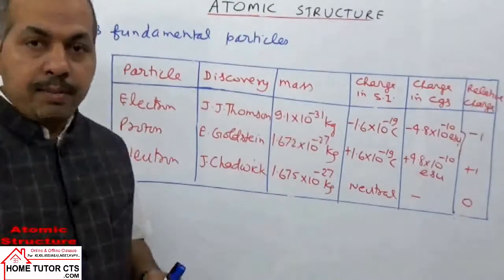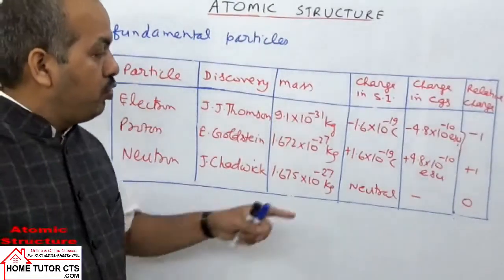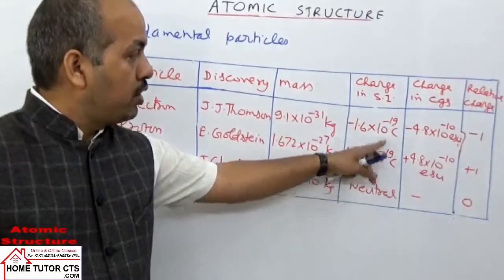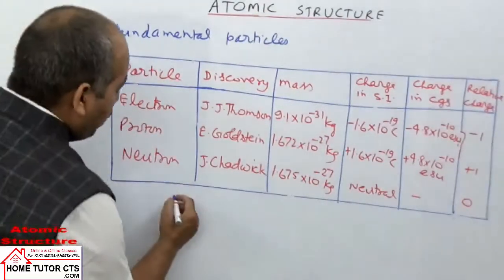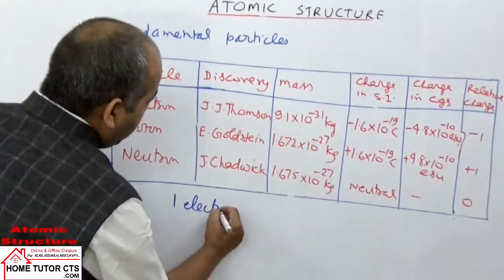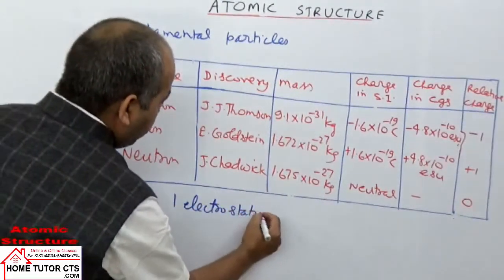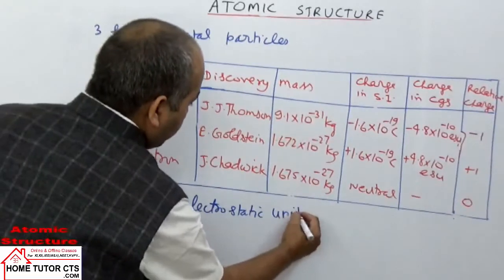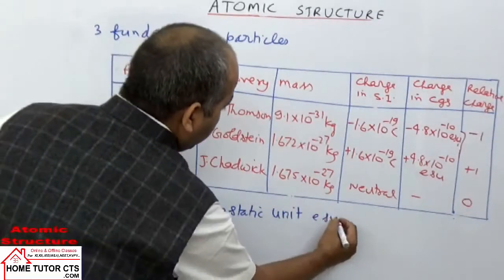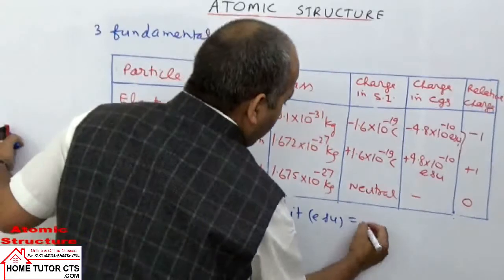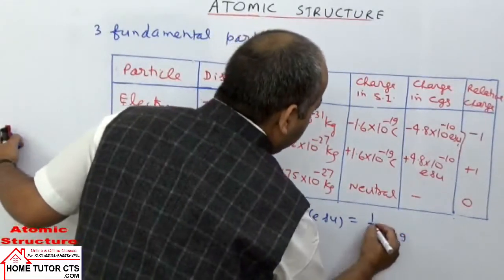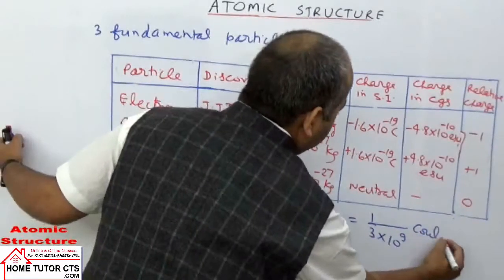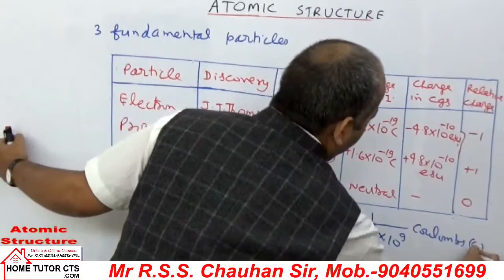Sometimes in question solving you may require the relation between the units of charge of electron, coulombs and electrostatic units. What is the relation? 1 electrostatic unit, ESU, is equal to 1/3 × 10^-9 coulombs, where C is coulombs.